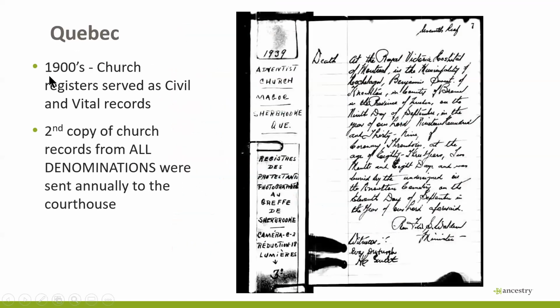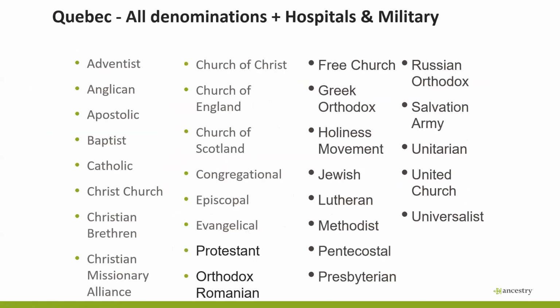But up until the 1900s, the church registers served as the civil and vital records in Quebec, and a second copy of the church records from all the denominations were sent annually to the courthouse. So regardless of whether you were Catholic or French, you will be able to see all of the different denominations and hospitals and military records available on this massive, very popular set.